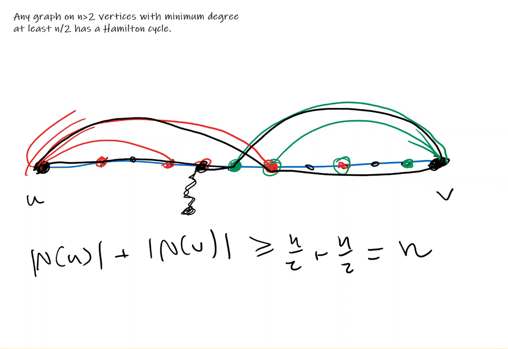If there's no vertex off the path, then I already have a Hamiltonian cycle here. So this situation where a green vertex is followed by a red vertex leads to a proof of the theorem. Either a contradiction that I can make a longer path, or I have my Hamilton cycle.